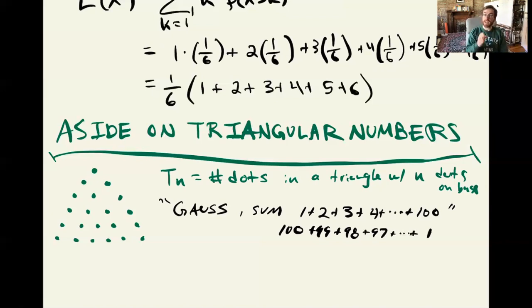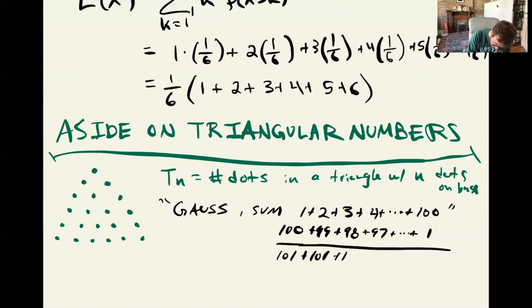and I looked at adding each of the columns, so adding this and this and this and this, they all actually equal the same thing, which is 101 plus 101 plus 101 plus 101, all the way down 100 times.